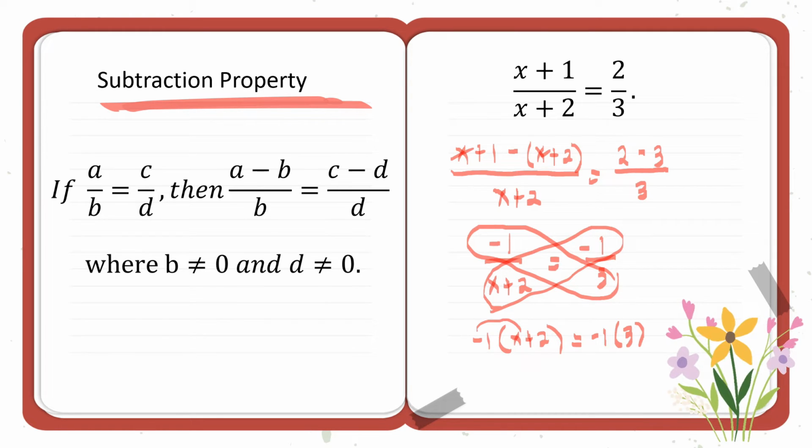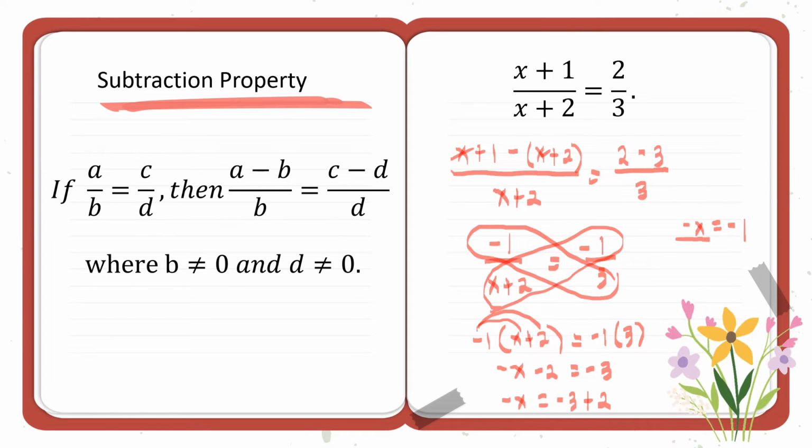So negative 1 times x is negative x, negative 1 times 2 is negative 2, equals negative 1 times 3 is negative 3. So we get negative x, transposing negative 2, that becomes negative 3 plus 2. So we have negative x equals negative 3 plus 2 is negative 1.